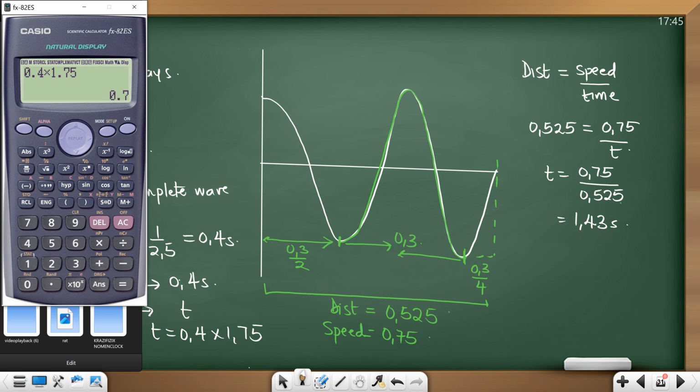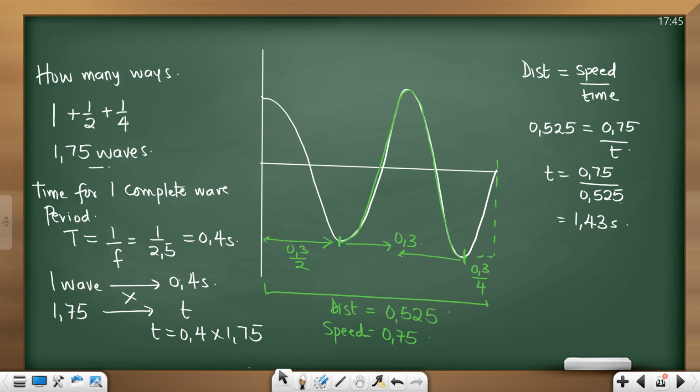0,4 times 1,7. Why is it giving me that? It's not supposed to give me that, because the period is, it's supposed to give me that and times 1,75. Let's check.